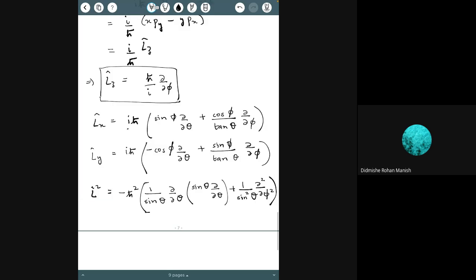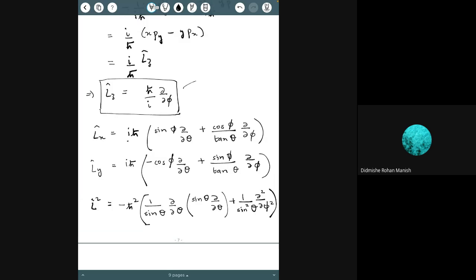Since Lz is the simplest operator, we will choose Lz and find simultaneous eigenstates of Lz and L square. This will give me a set of functions which are candidates for being eigenstates of the Hamiltonian as well, because the Hamiltonian also commutes with Lz, Lx, Ly and L square.